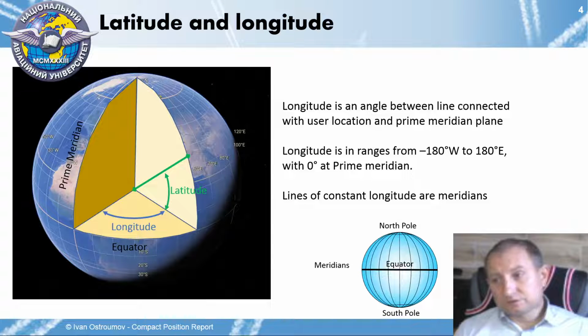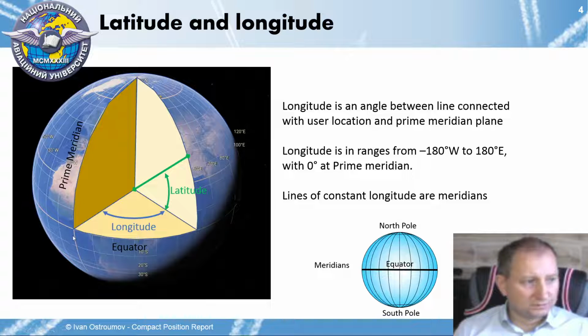Longitude is also an angle, and in this case this angle is counted from the plane of the prime meridian. Many years ago scientists decided to use the prime meridian as the 0 longitude meridian. That's why this line gives us 0.